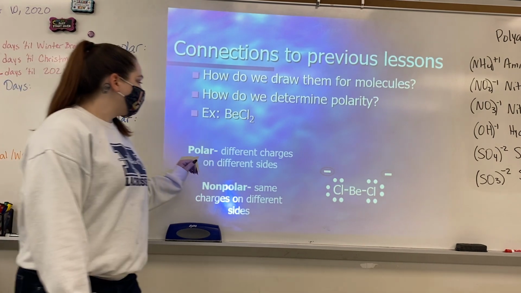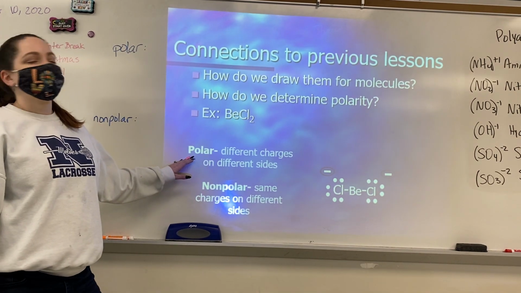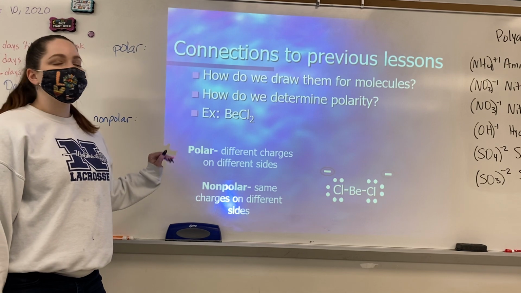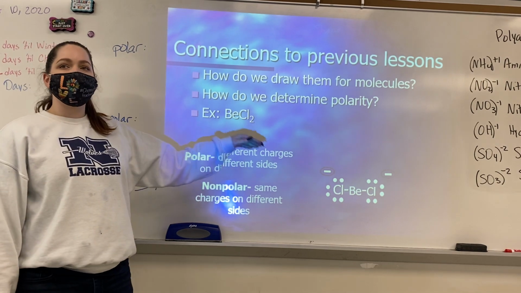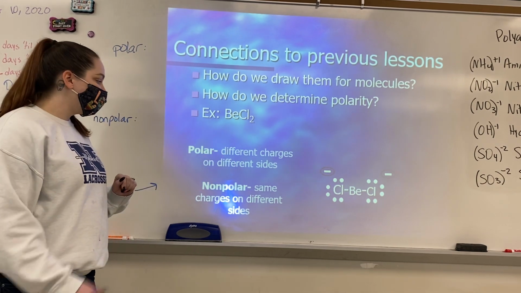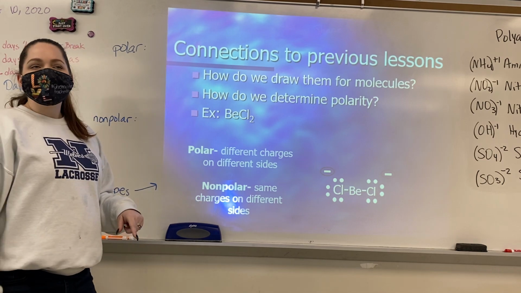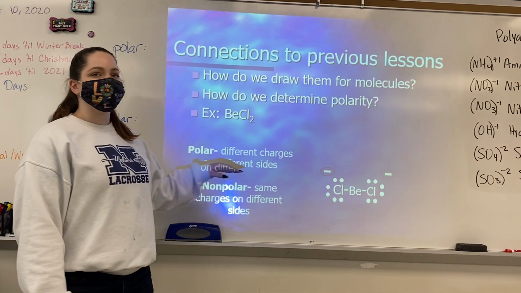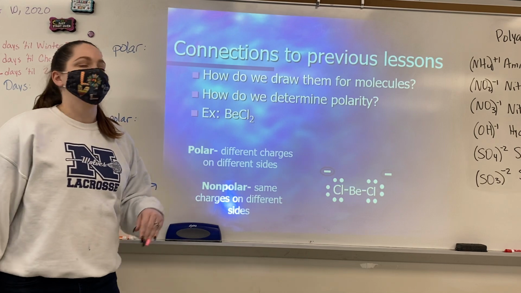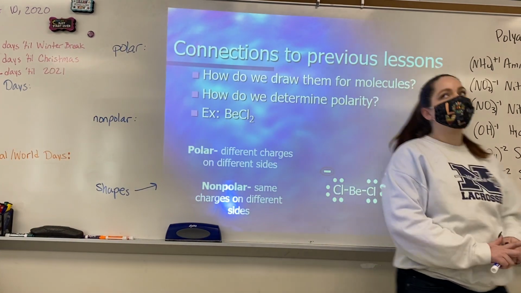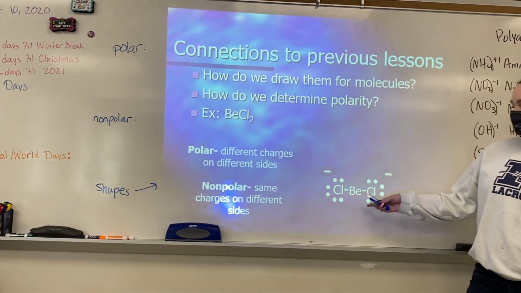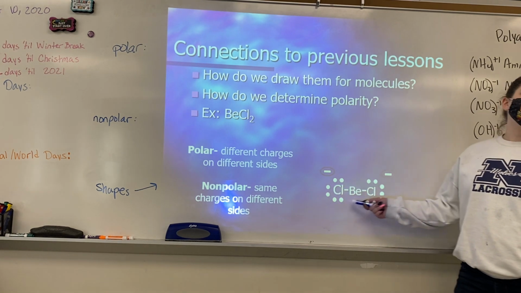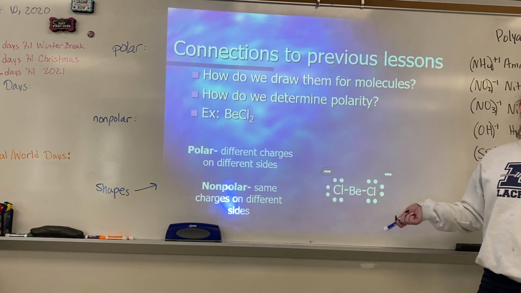So if you have a polar substance, that means that you have different charges on either side of your compound. If you have a nonpolar substance, that means you have the same charges on either side of your compound. So if we look at beryllium chloride, we can see that on either side, our chlorines all have dots around them.